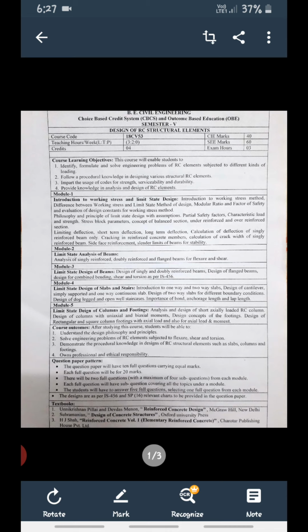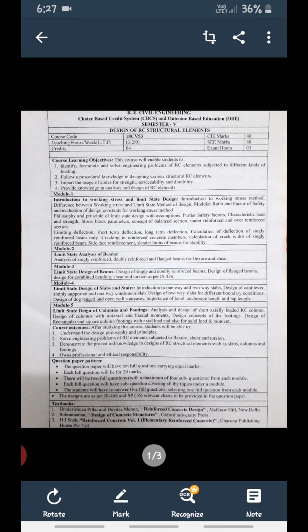Concrete takes care of compressive stresses, and steel takes care of tensile stresses. This is a homogeneous material called reinforced cement concrete. Steel is placed wherever it is required, and then the elements are known as RCC elements.